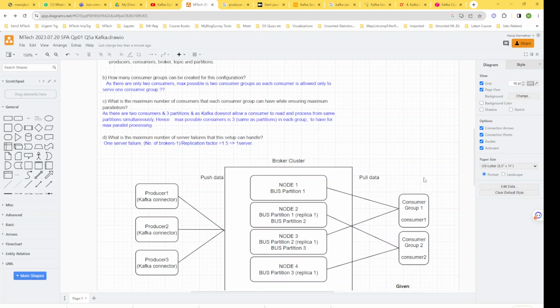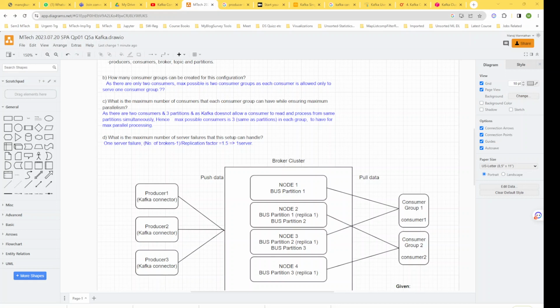There can be n number of consumers, but the question is what is the maximum number of consumers that each consumer group can have while ensuring maximum parallelism. The keyword is parallelism. There are 3 partitions and we can process in parallel with 3 consumers. I'm not sure about Kafka, but parallelism of a node depends upon the number of CPUs or virtual CPUs.